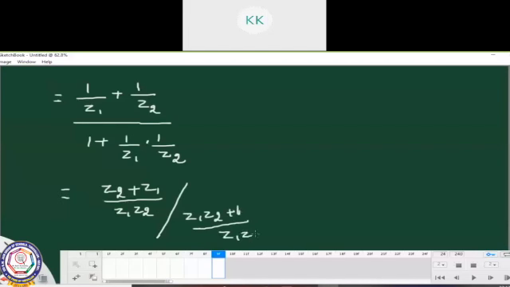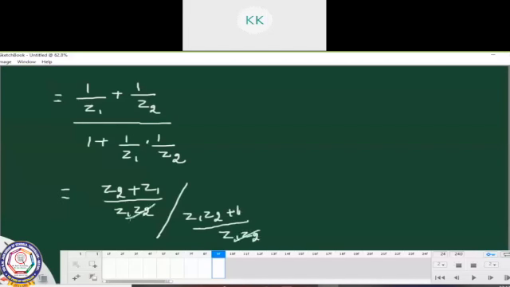So you can take the LCM. Z2 plus Z1 by Z1 Z2 whole divided by, you can take the LCM here also, Z1 into Z2 plus 1 by Z1 Z2. So Z1 Z2 and Z1 Z2 get cancelled.